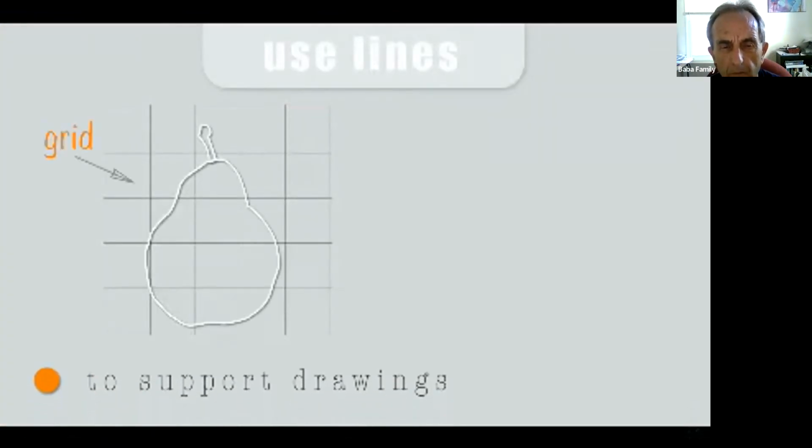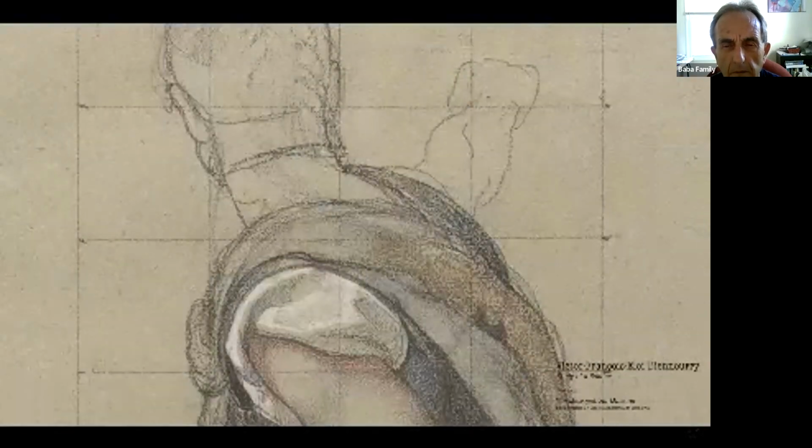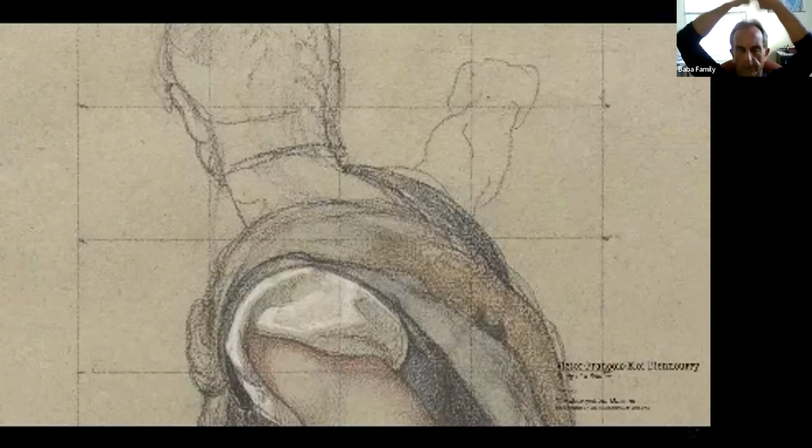Lines assist you in drawing using the grid method, constructing forms and objects by using temporary structure lines, working with linear perspective. Grid method is a traditional way to transfer or scale images.